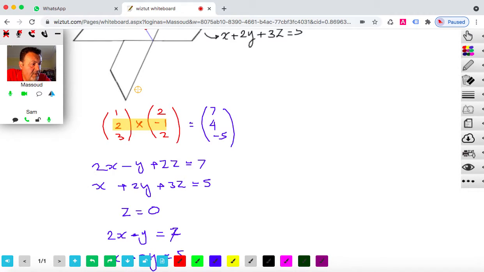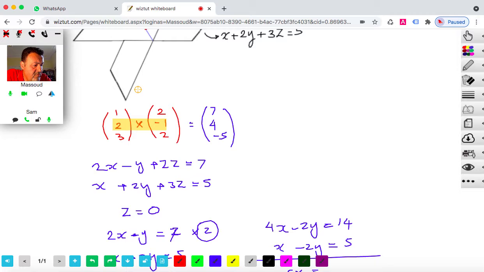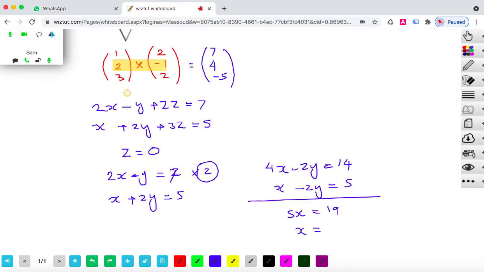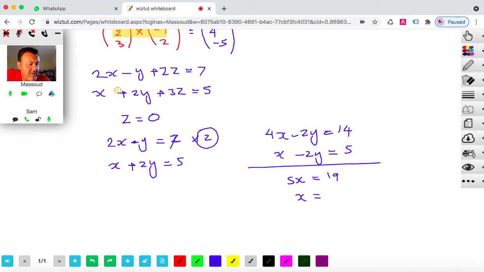I'm going to multiply the top equation by 2, so I get 4x minus 2y is equal to 14, and x plus 2y is equal to 5. If I add these two equations together, I get 5x is equal to 19, which means the x of the point where these two meet is 19 over 5.